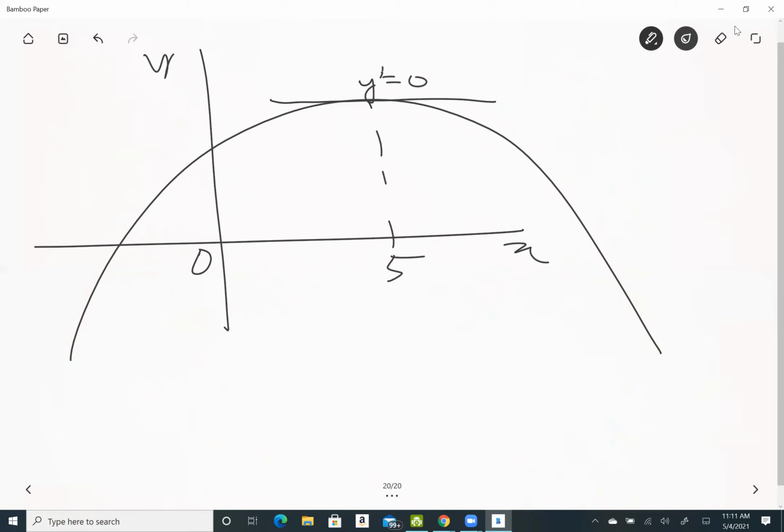You know the f prime equals 0 at x equal to 5. So what are the intervals for which the derivative is positive and the derivative is negative?